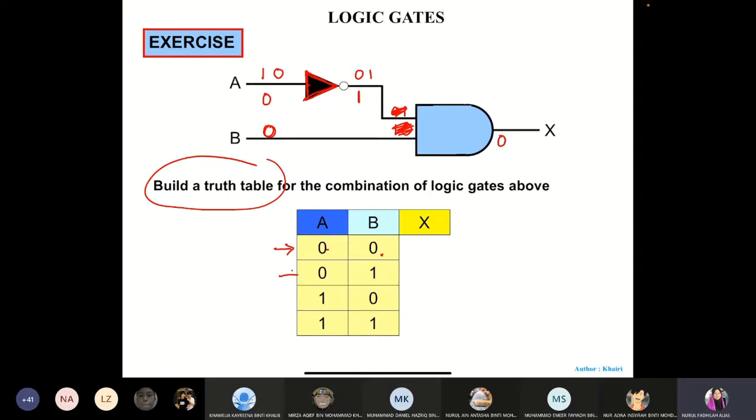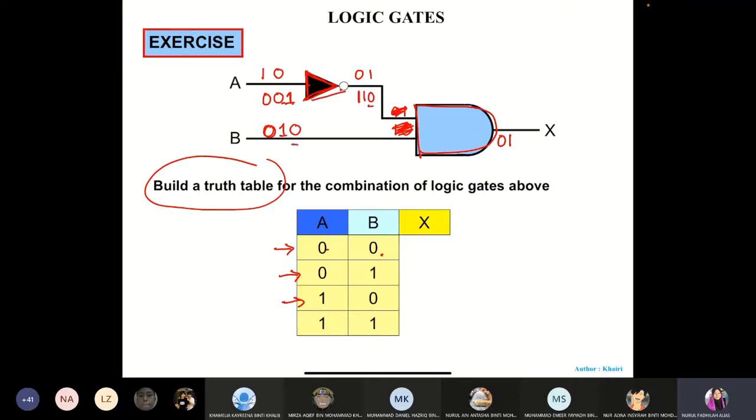So kat sini A0, B1. Now 0 pass through the gate, NOT, dia akan jadi 1. So you get now 1, 1. Awak akan dapat 1. Sebab this is AND gate. Okay, next. A1. Here 1. And then B0. So 1 pass through the NOT gate, dia akan jadi 0.